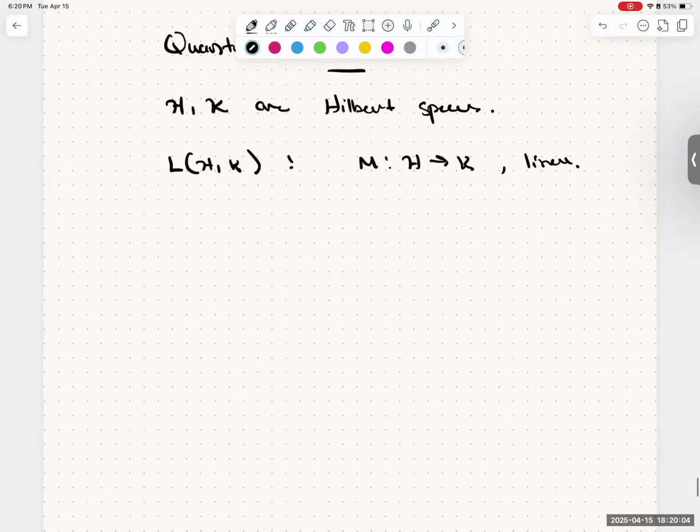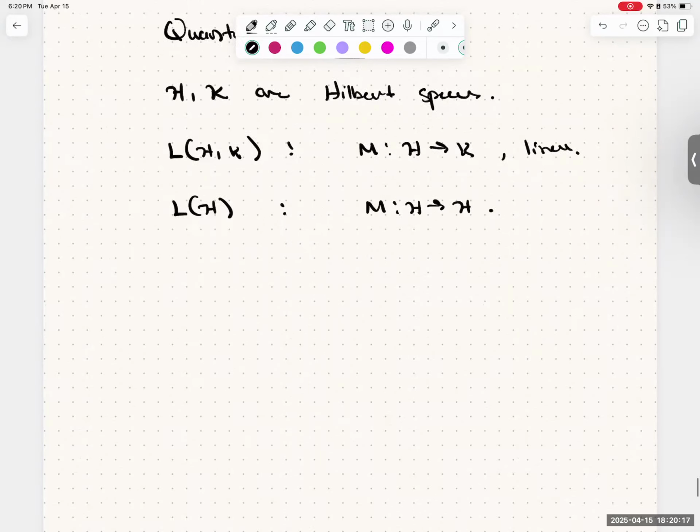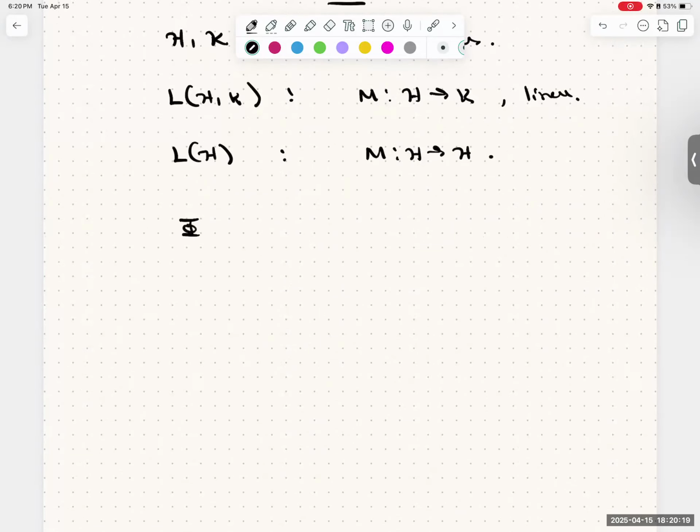And also sometimes we use L of H to imply that we just have a map M that's linear from H to H, also linear. So this thing is a physical map if it's a quantum channel.